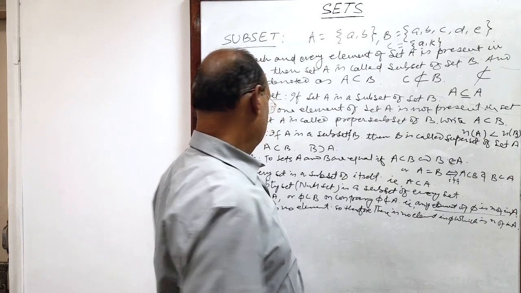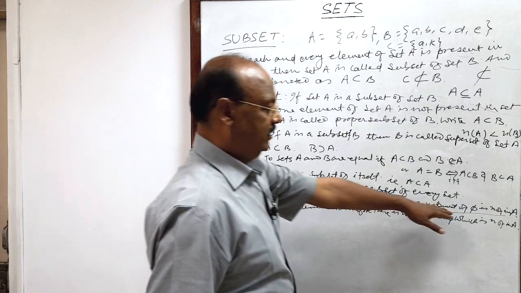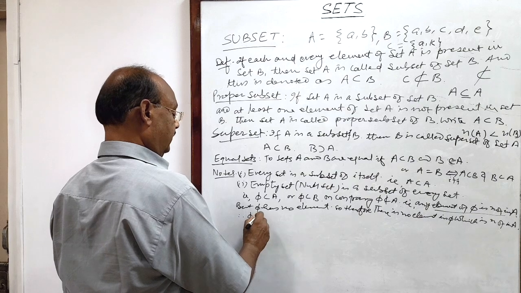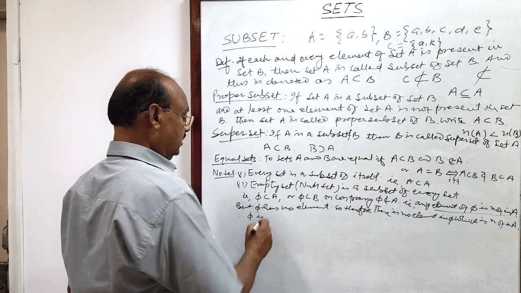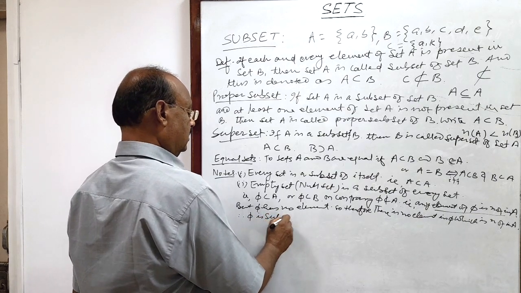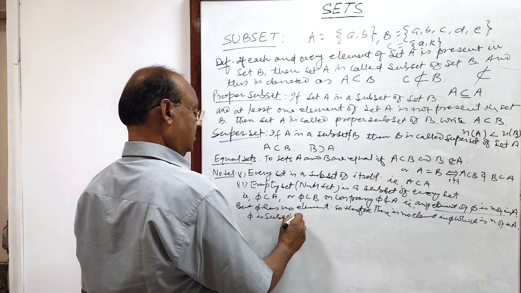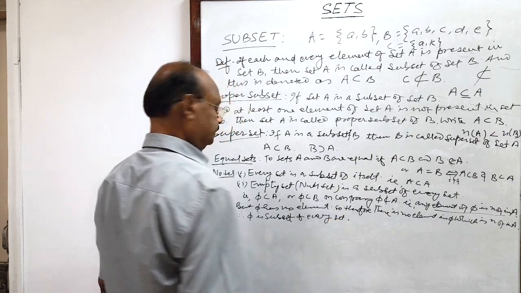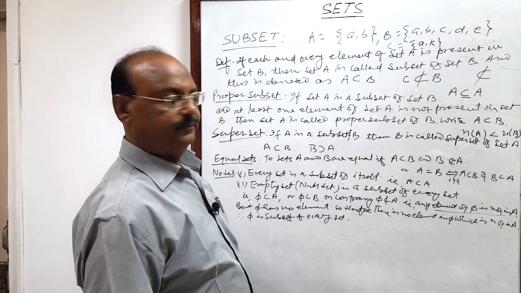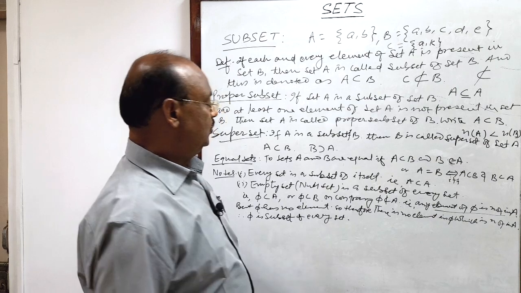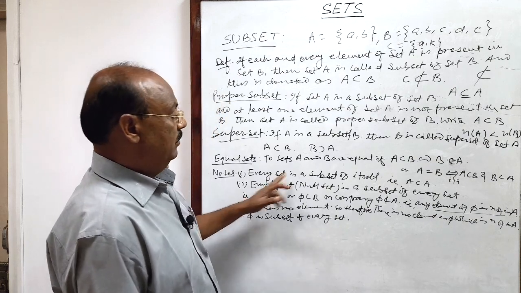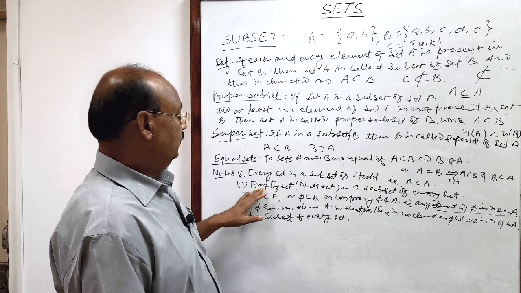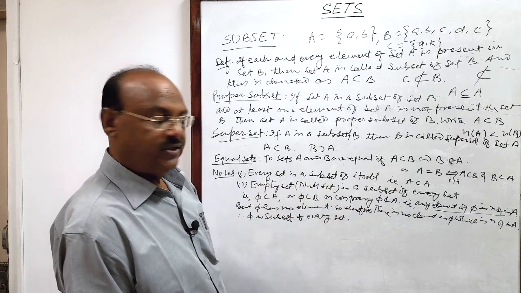Okay, so what does it mean? This contradiction shows that therefore null set or empty set or phi is a subset of every set, isn't it? So we understood that every set is a subset of itself. Second, we understood empty set is a subset of every set.